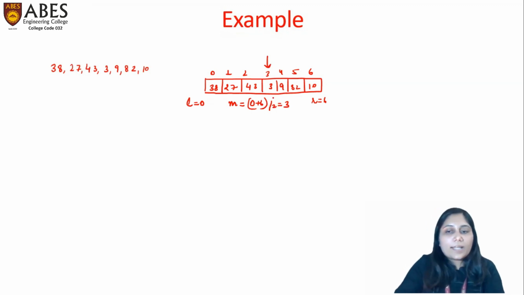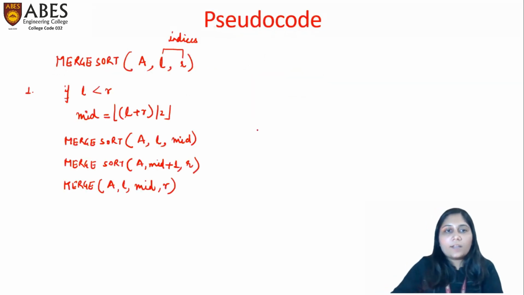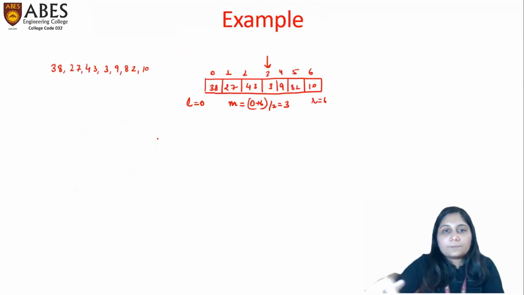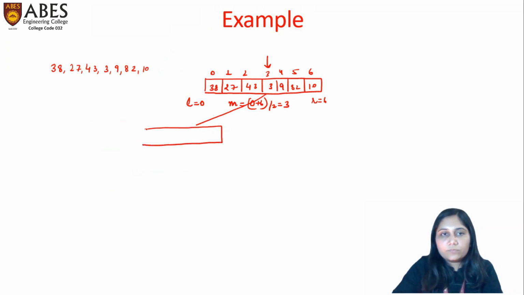Now, because this condition is true, 0 is less than 6, that is why I have calculated this mid index. Because first of all we have to run this one, and this will keep on running until this condition is true. So this part will include your mid value.